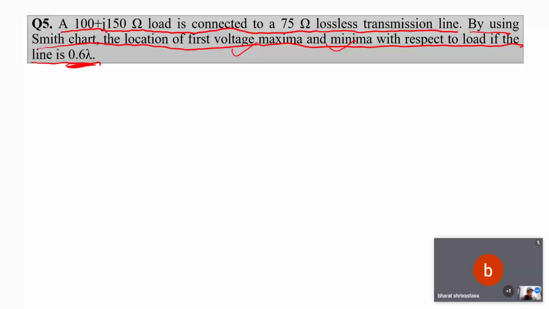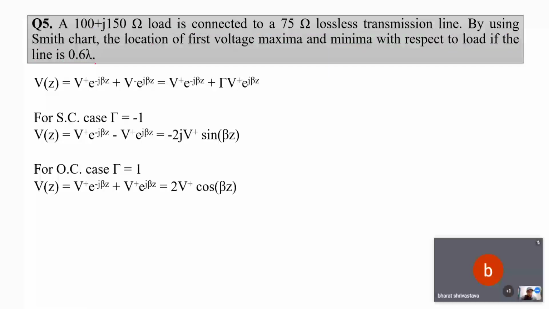Before solving this problem, we first have to brush up some of the basic concepts of the transmission line. As we all know, voltage in a transmission line is defined as V of z equals V plus e raised to the power minus j beta z plus V minus e raised to the power j beta z, where V minus is defined as gamma times V plus.